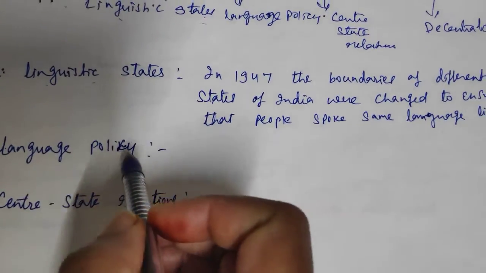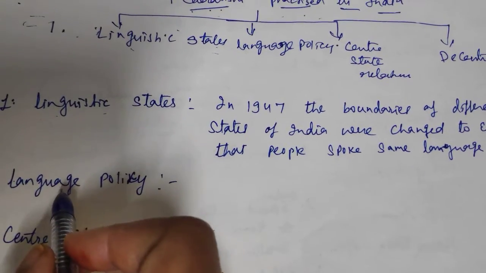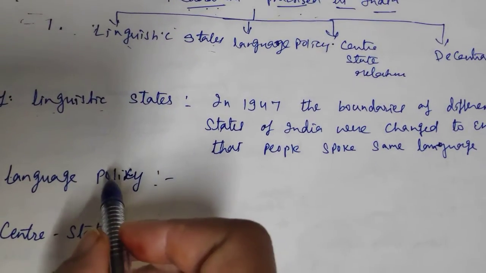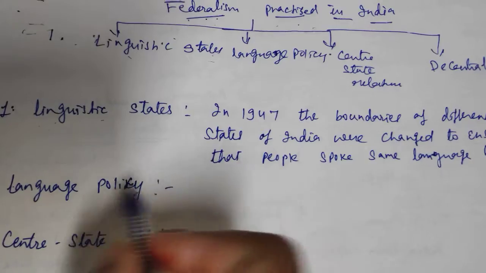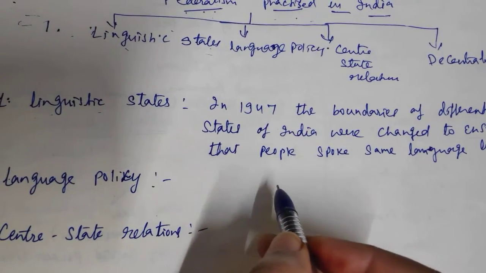The second was the language policy. At first, our constitution makers thought that making a language policy might create disturbance or differences in society.